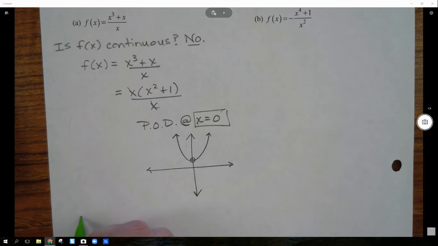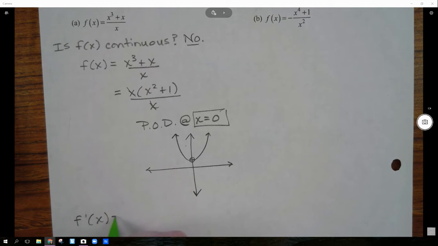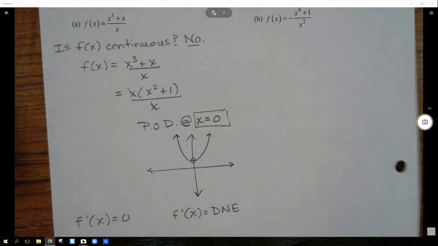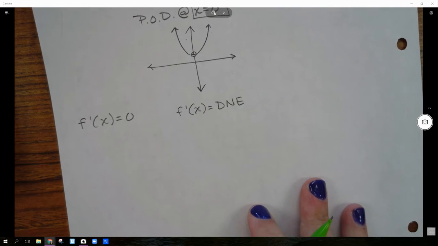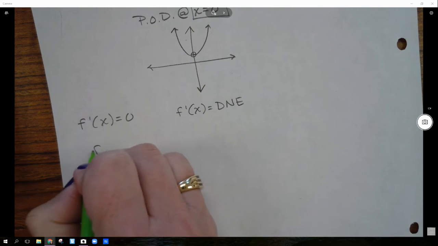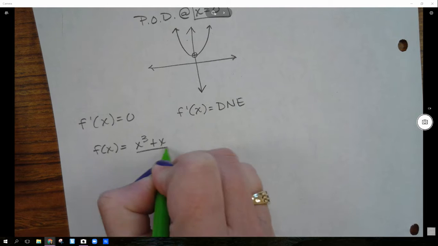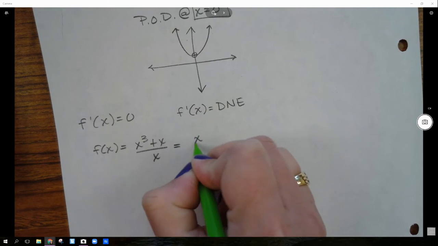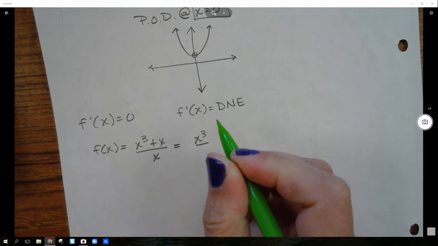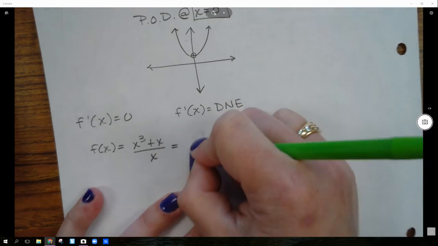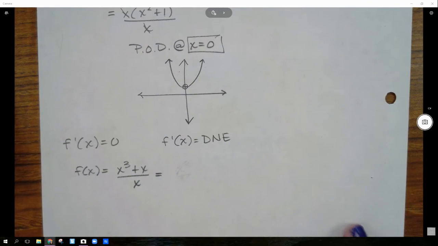So now we're going to do when the derivative equals 0 and where the derivative may not exist. Okay, so we can go back to f of x equals x cubed plus x all over x, and you can simplify that. You can leave it like what we had up above, just to keep the same thinking.